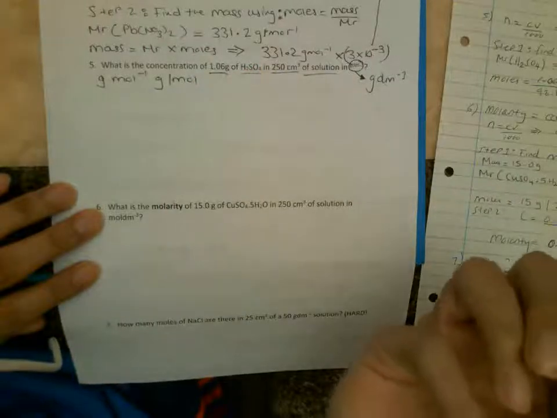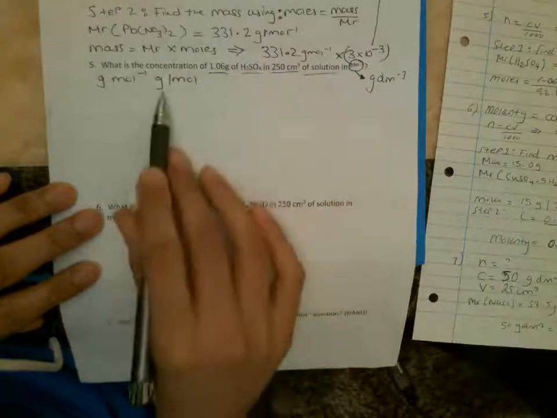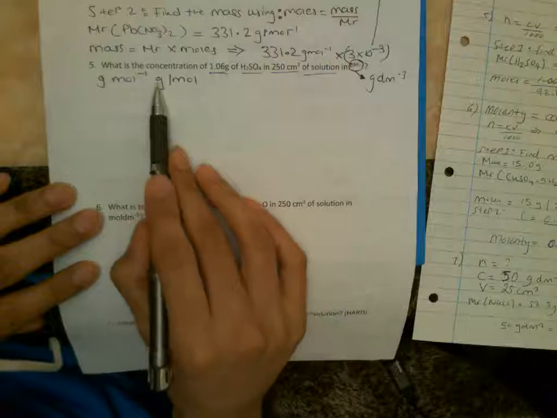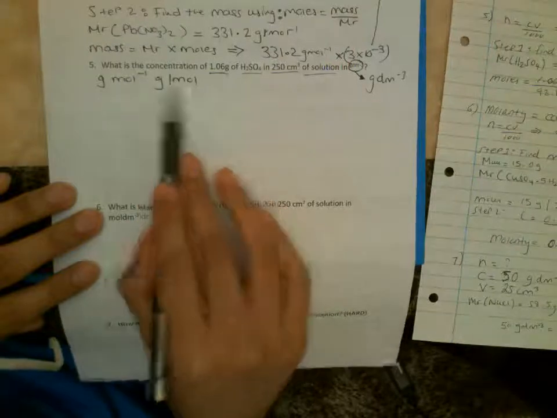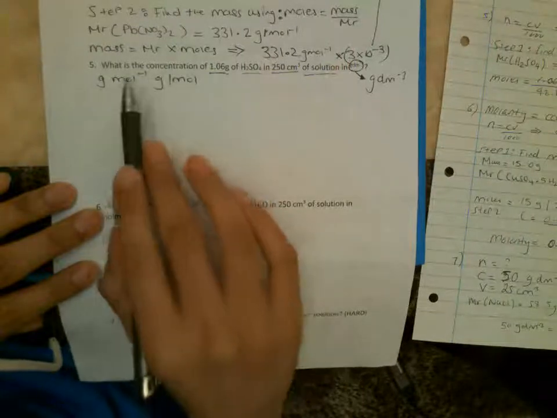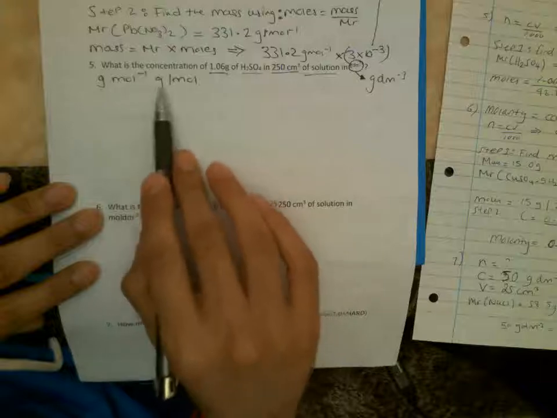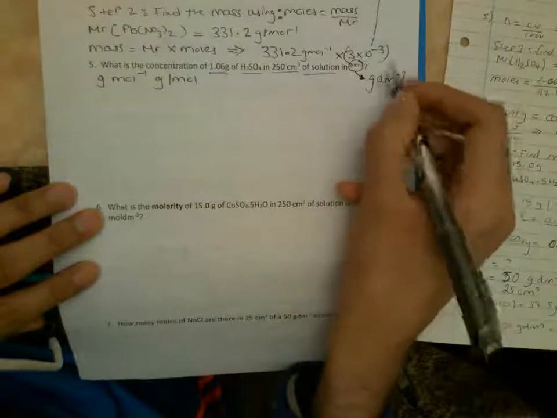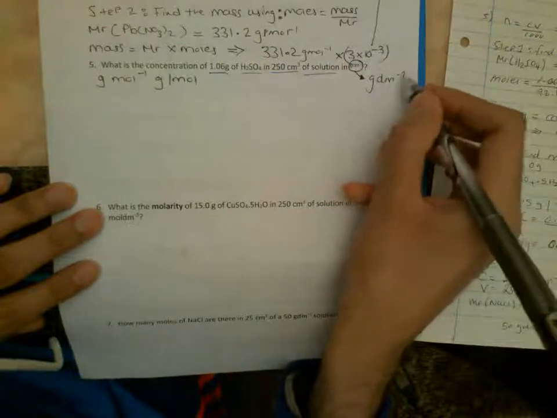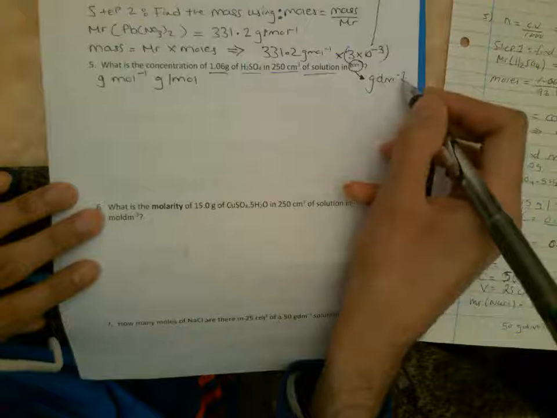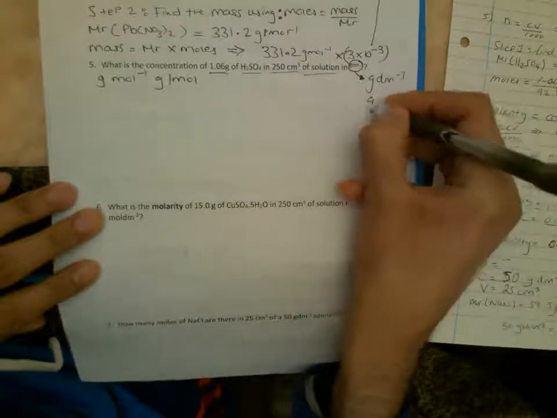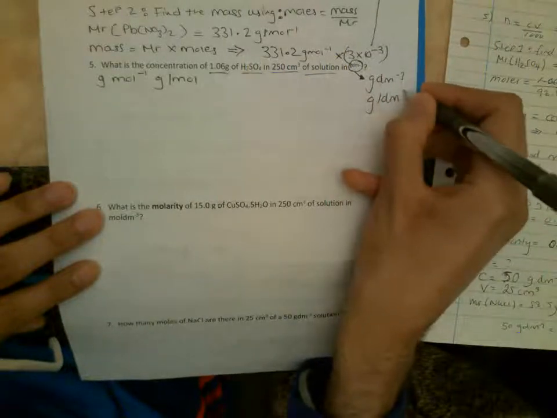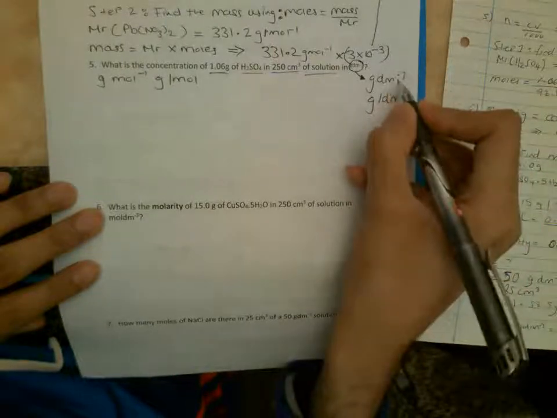That suggests we are dividing grams by moles. That's just a little maths nomenclature. If you do a slash, it's usually a divide. Now, grams per decimeter cubed is suggesting we divide grams by decimeters cubed, so a mass over a volume. You could also write grams per decimeter cubed like this with a slash instead of a minus inverse.